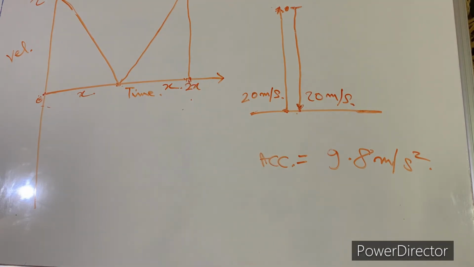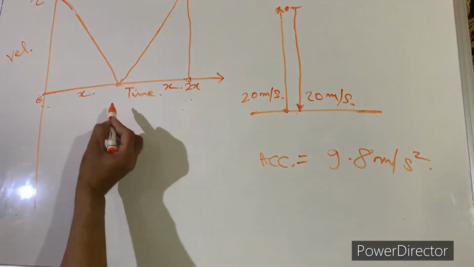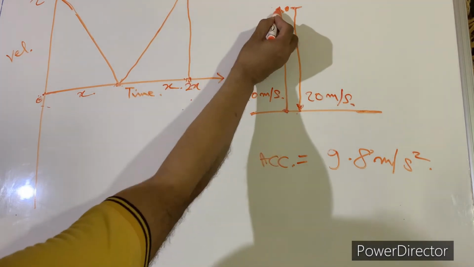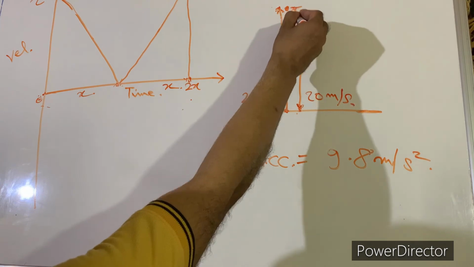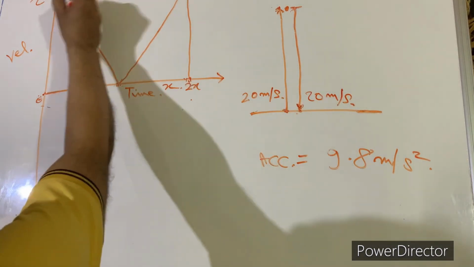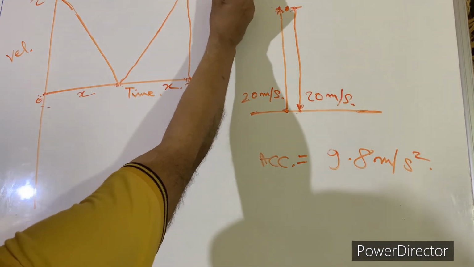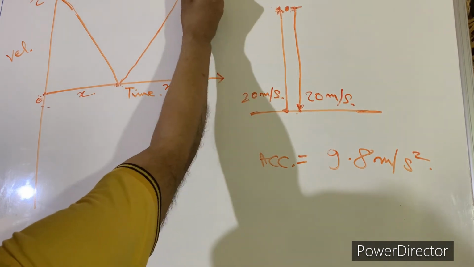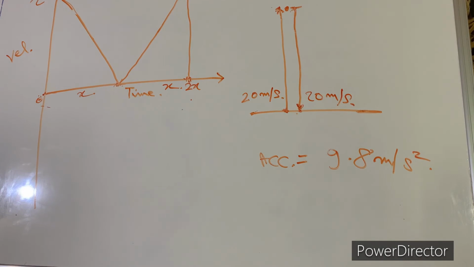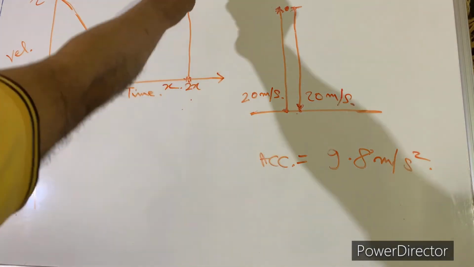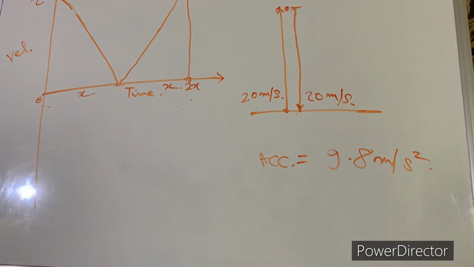While the velocity at the beginning was 20 meters per second, it became 0 at this point, and then the velocity again started increasing while the ball was falling down and reached a velocity of 20 meters per second at this point after another time interval of x. Hope this velocity time graph is clear to you.